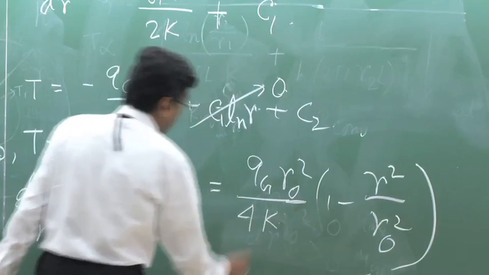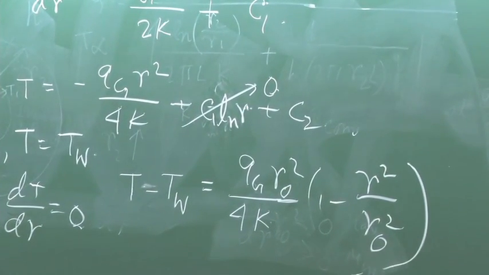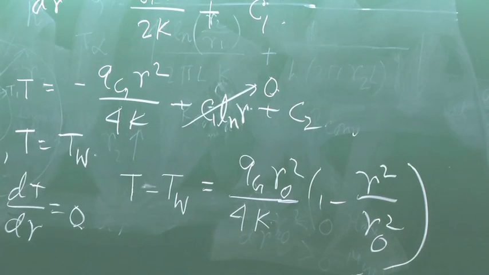R0 square will come common, it will be in the numerator. So Qg R0 square by 4k minus Qg R square by 4k. Now it is okay. So this is the distribution.